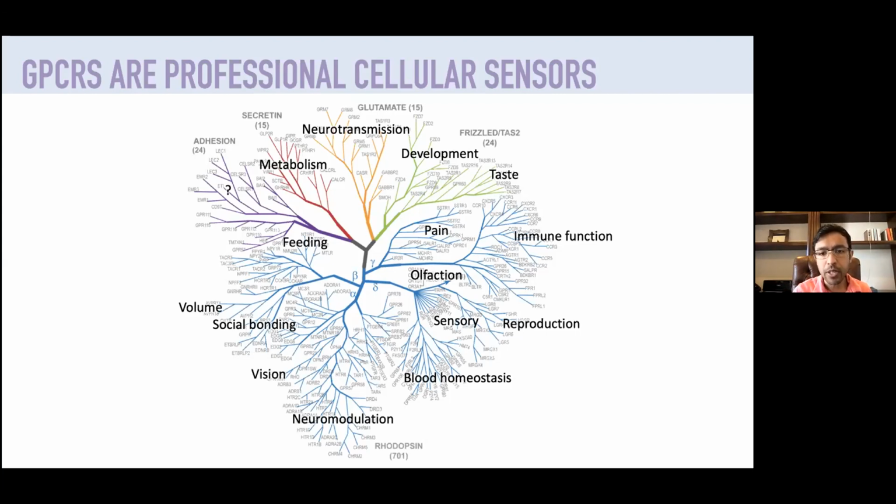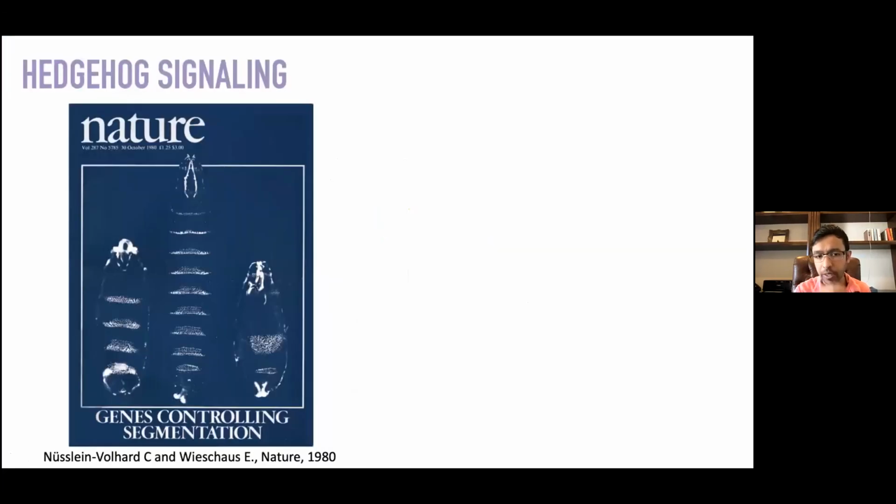So what I'll focus on today is not our work on many of these other physiological systems, but really on one specific signaling system that's deeply important in development and that goes awry in certain cancers, and that's the hedgehog signaling pathway.